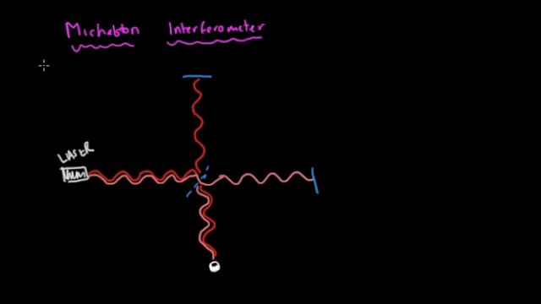So I want to define a couple of lengths here that make this a little bit easier to understand. The first is this length, the length of the upward leg of the apparatus. And I'm going to call this L1 over 2. And this rightward leg I'm going to call L2 over 2.